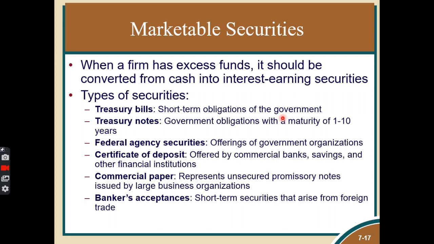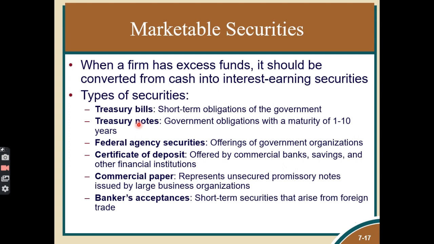Commercial paper could be bonds or other securities issued by private organizations. There can also be bankers acceptances, which are short-term securities that arise from foreign trade, so these are basically forex related investments. So that's basically where you can invest your marketable securities.